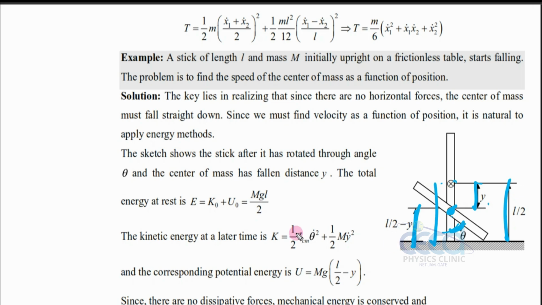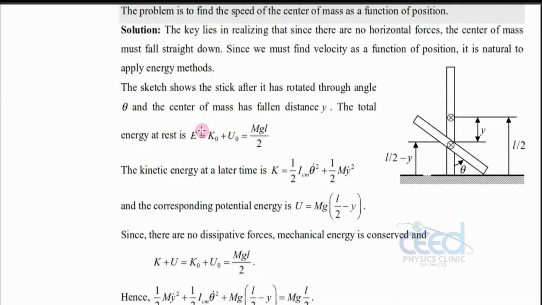Okay, so our aim is, what is our total energy? Total energy is the sum of kinetic energy plus potential energy. Initially, because it is at equilibrium, there is no velocity, so mgL by 2 is the total energy, right? Now after some time, what is the new kinetic energy?